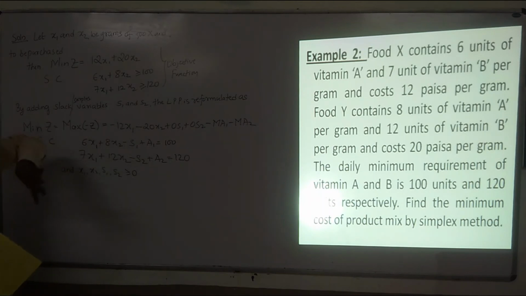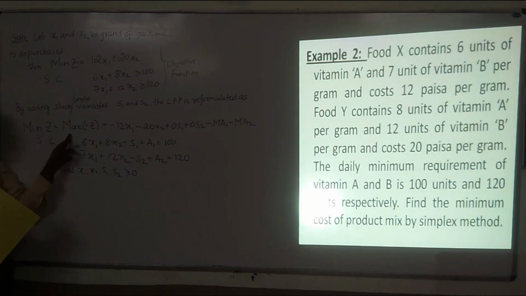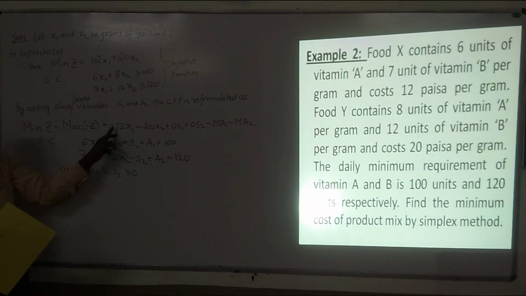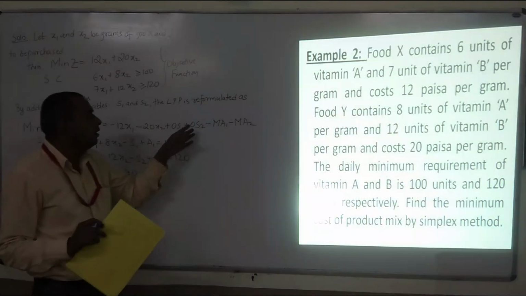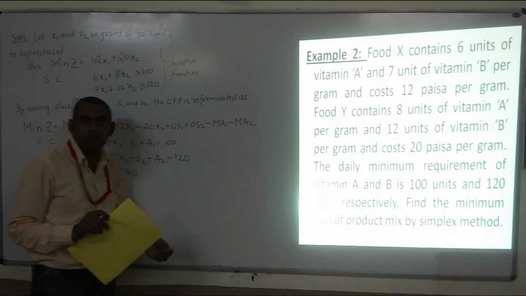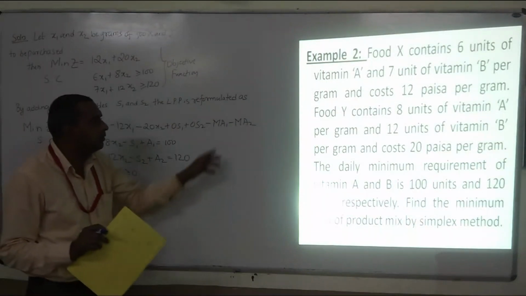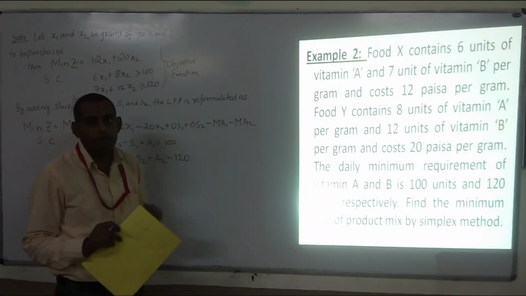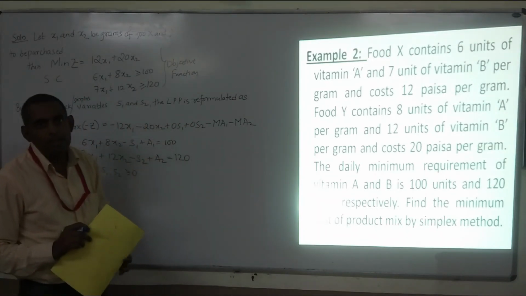So we introduce slack and surplus variables, where S1 and S2 are the slack variables, minus M is the penalty, and a1 and a2 are artificial variables.